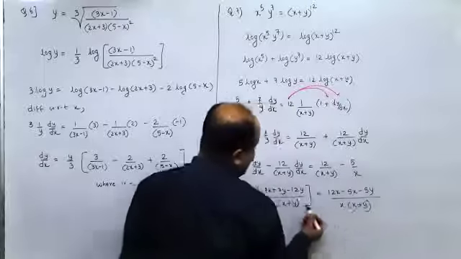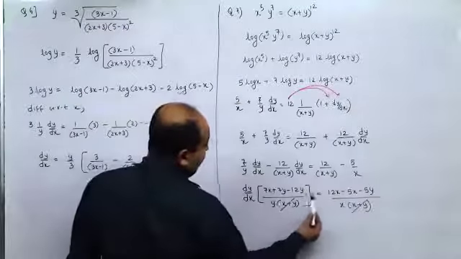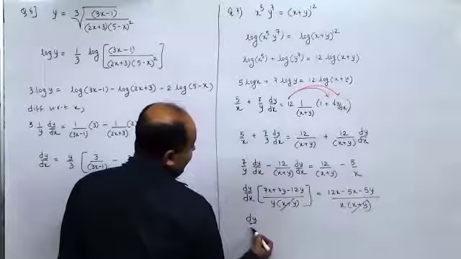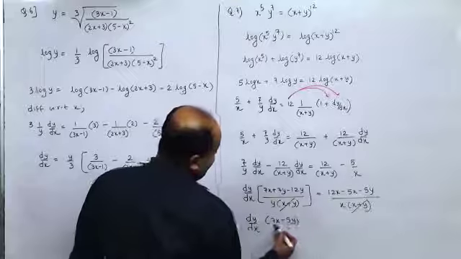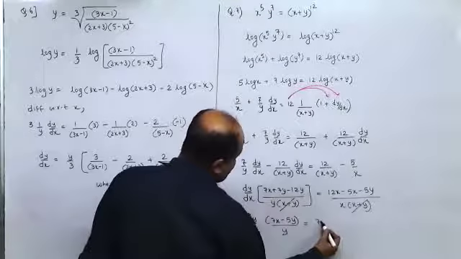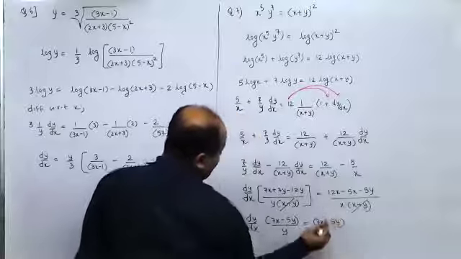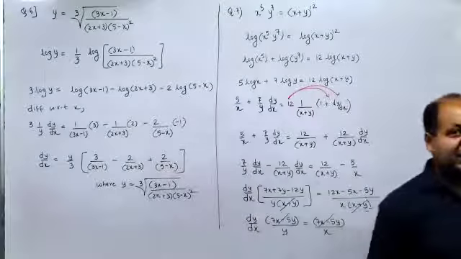This and this get cancelled. Now this is 7x minus 5y, this is 7x minus 5y. So I can write here dy by dx into 7x minus 5y upon y is equal to 7x minus 5y upon x. These two get cancelled. Therefore, dy by dx is y by x.